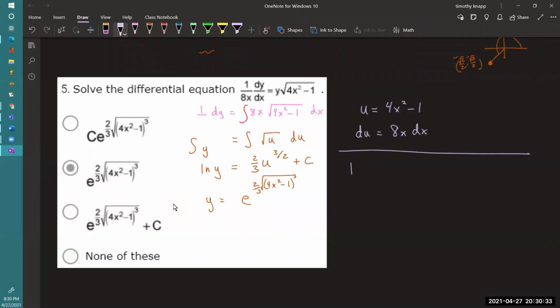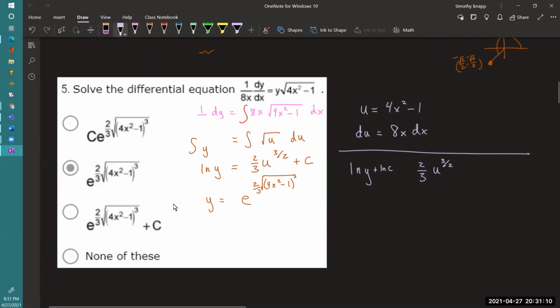So here's my general one. ln y, right, equals 2/3 u to the 3 halves. I keep saying 2/3. I meant 3 over 2. And now that's it. Now I can add the plus c here, right? But don't do that. Add a plus natural log of c right here.